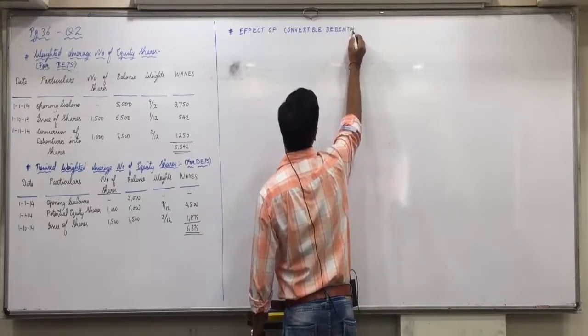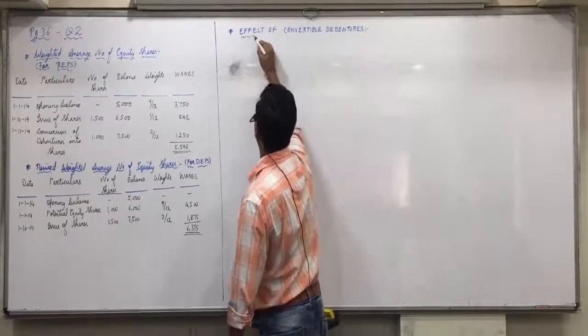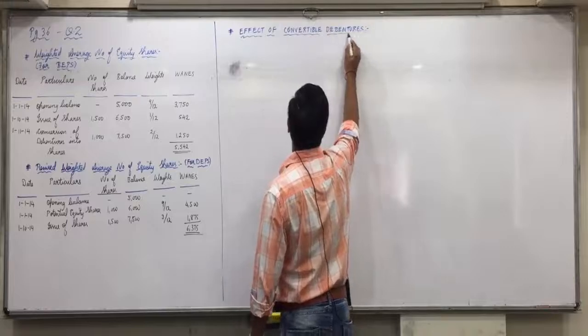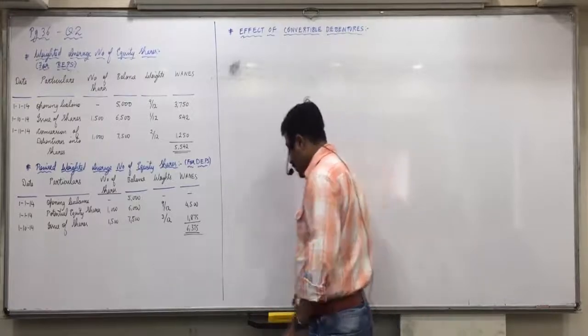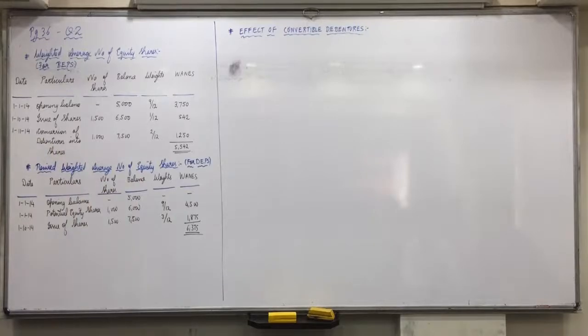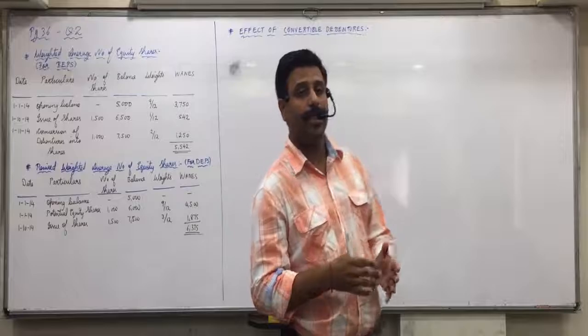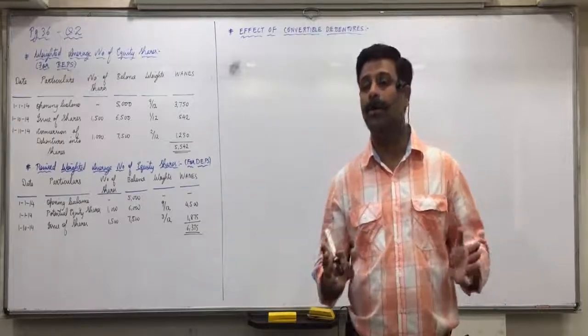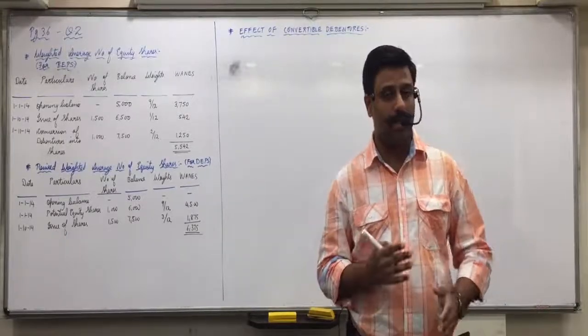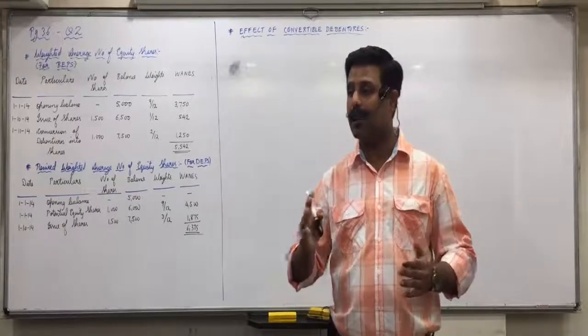Now as I explained to you yesterday, the concept of diluted EPS is that in future these debentures have the potential of becoming equity shares. If in future they become equity shares, the earnings would be divided between more number of shares. So earnings will get diluted; earnings per share will decrease.